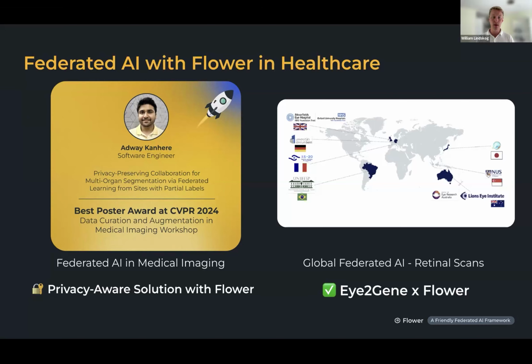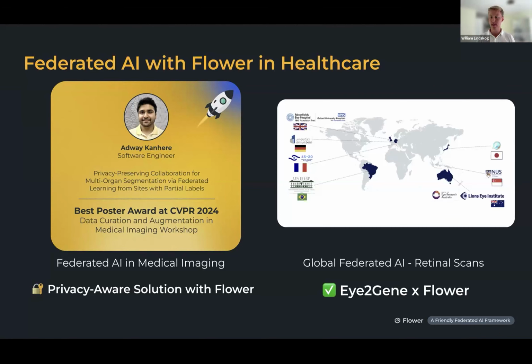He recently published federated learning using partial labels, which basically means that at different hospitals, you might not have access to the exact representation of, let's say, a kidney or something like that, or the brain scans. So you want to collaborate, basically speaking to the fundamentals of federated AI and why it's such an essential part in this. He did great work on this. Worked together with our team and published the research out there.